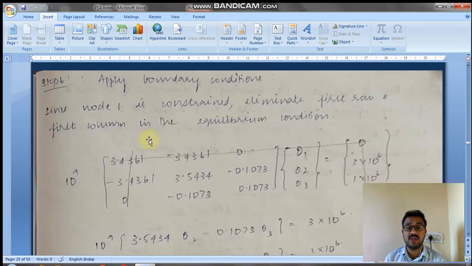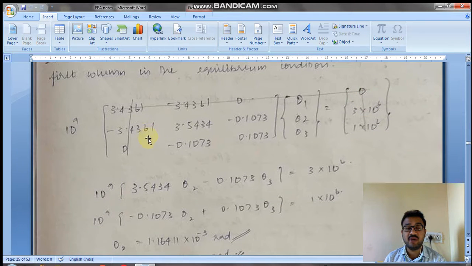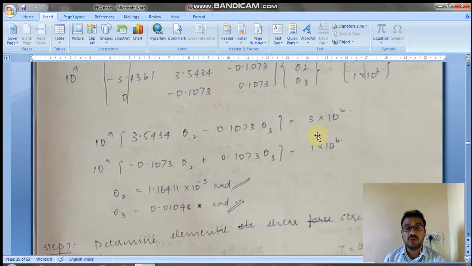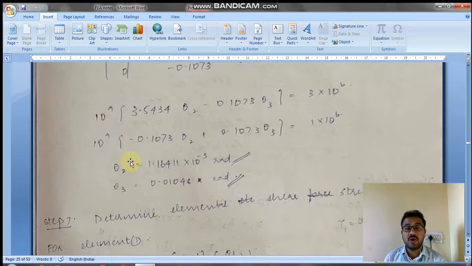Since node 1 is fixed, I will be eliminating the first row and the first column in the equilibrium condition, and the first row of the slope vector and the torque vector as well. After eliminating, I will be getting a 2 cross 2 matrix with the theta 2, theta 3 slope vector. So I will be finding out the unknowns.